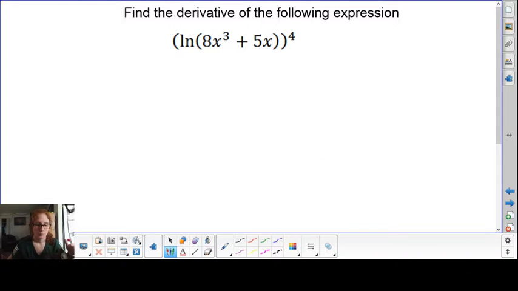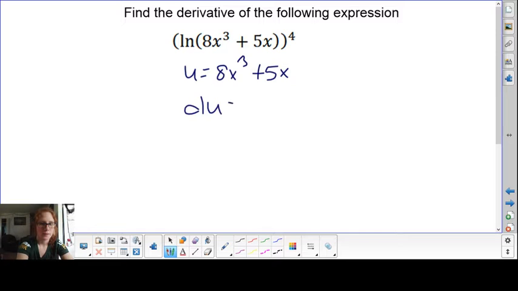Okay, this one's a little bit more intensive because, as you notice, we have the whole thing quantity to the 4th. So we're going to have to do chain rule, but I want to go ahead and set up my inside part because I know I'm going to have to take the derivative of it. So my u in this case is going to be 8x cubed plus 5x. And the derivative of that guy is 24x squared plus 5.